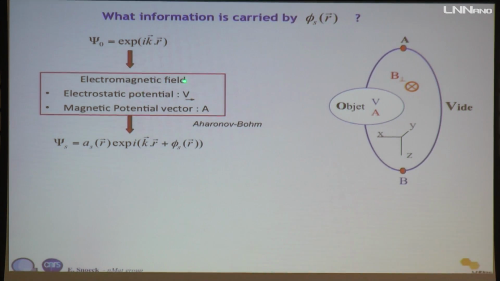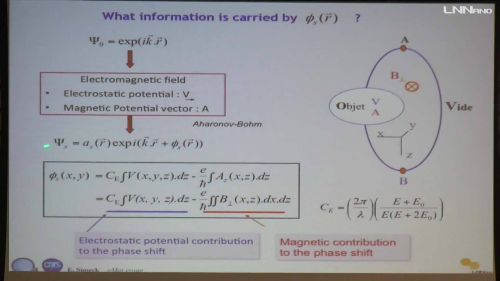when interacting with an electromagnetic field, meaning electrostatic potential and magnetic vector potential, the little arrow should be there, the electron wave is phase shifted, and this phase shift is directly related to an electrostatic potential contribution and to a magnetic contribution to the phase shift. So you have an electron wave arriving on the electrostatic potential and a magnetic vector potential, it is phase shifted, and the phase shift is directly related to these two components, okay?